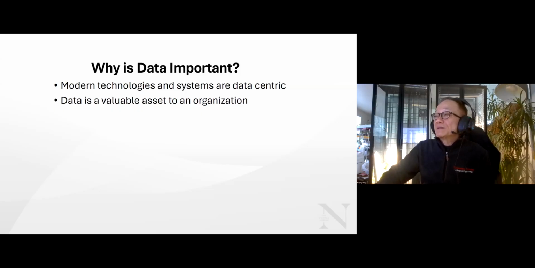It's very obvious modern technologies and systems are data-centric. Whatever we do is all surrounding the data, especially the business data. And data is a valuable asset to any organization.